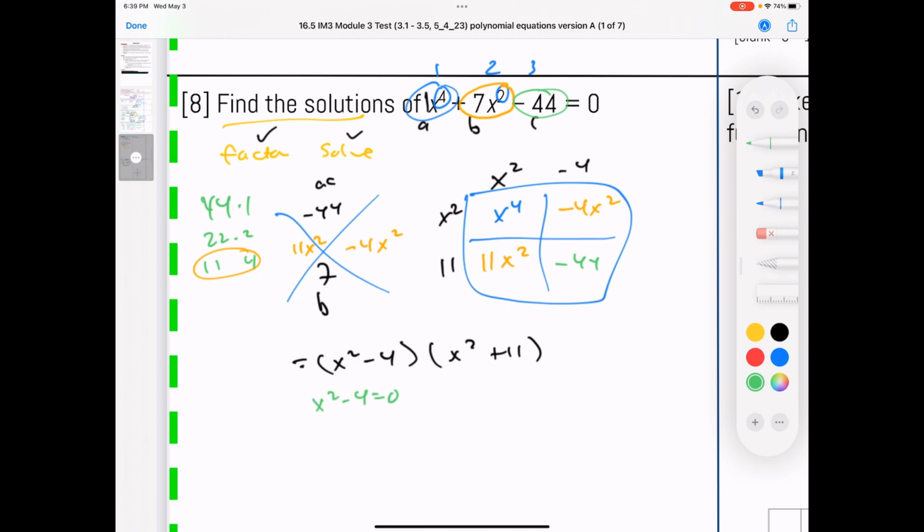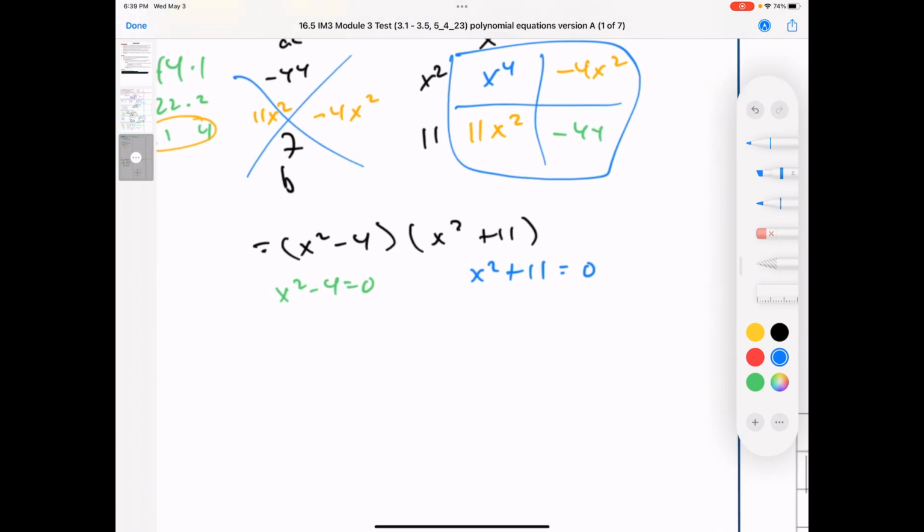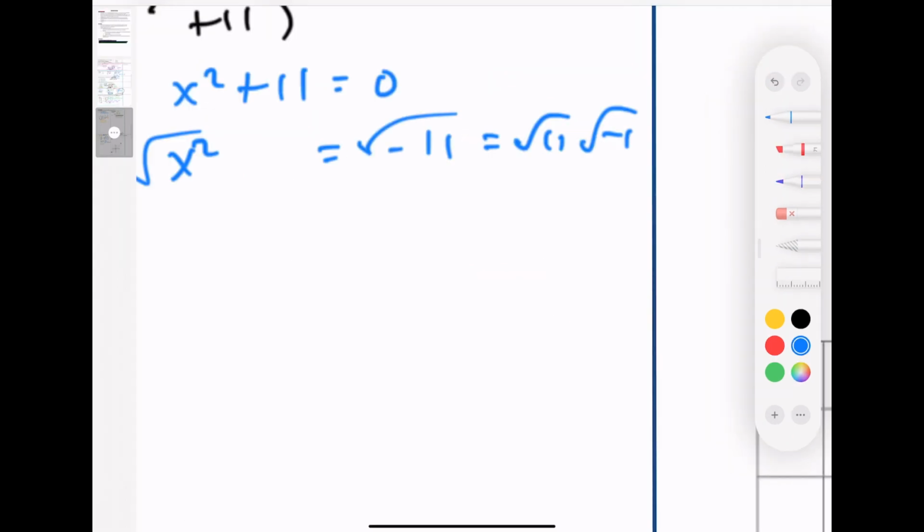Setting each of those equal to 0. So this one over here, subtract 11. All right, so I broke up the square root of negative 11 to the square root of 11 and the square root of negative 1. Remember the square root of negative 1 is equal to i.